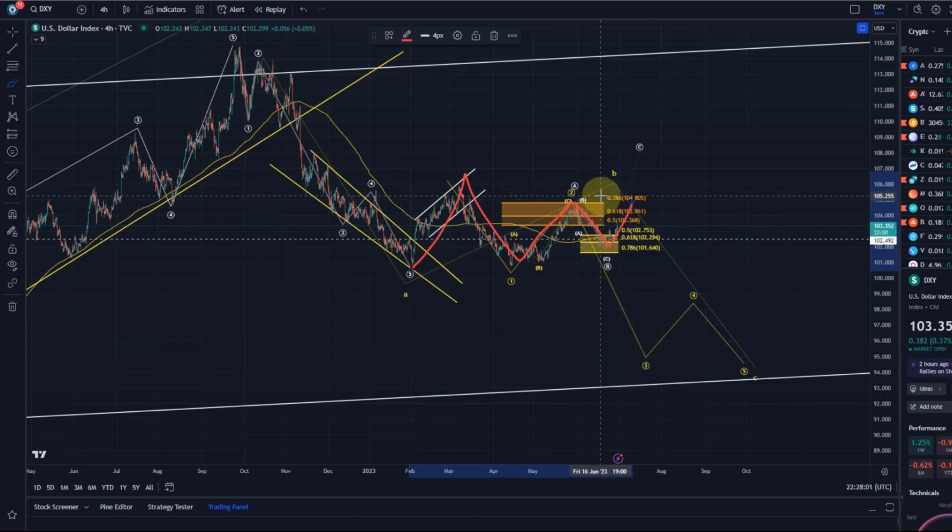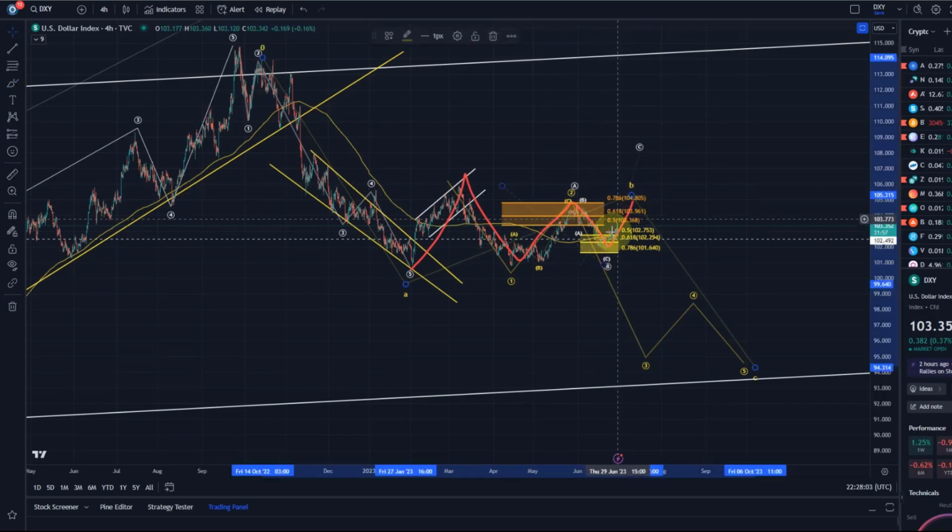Triangles consist of 5 waves, A, B, C, D, E. And we would need now a lower high. And if it now makes a lower high, we're heading to the downside. Also here, confirmation that it's breaking to the downside, 101.64, I think would be a really good indication. And confirmation below that swing low at $100.80, also pointing to the downside.